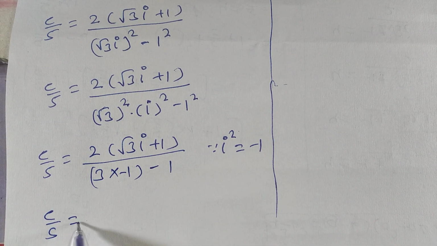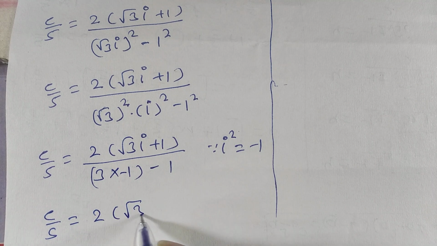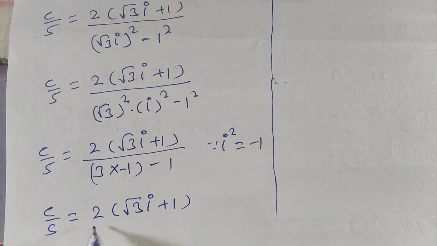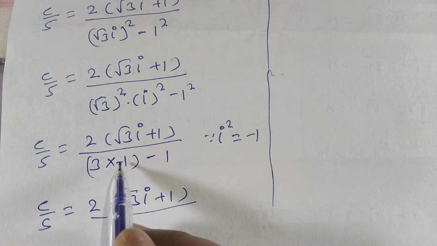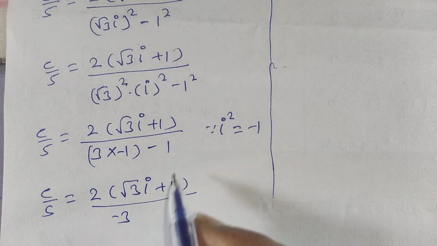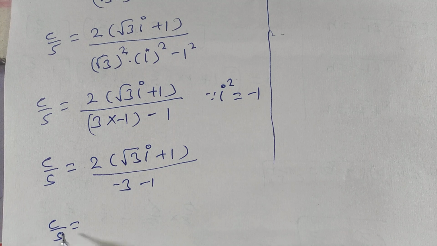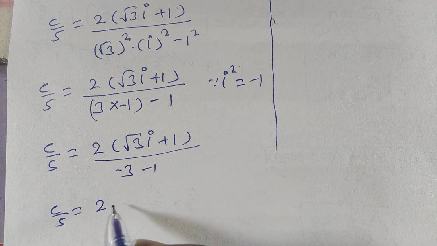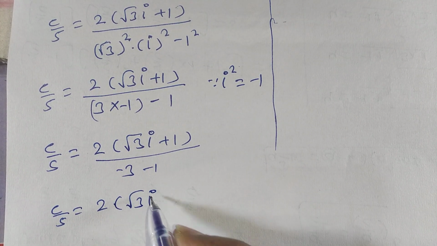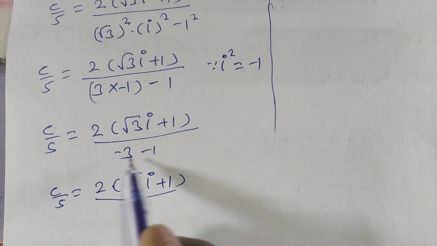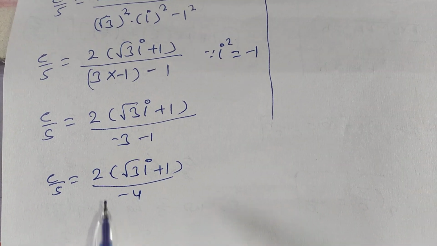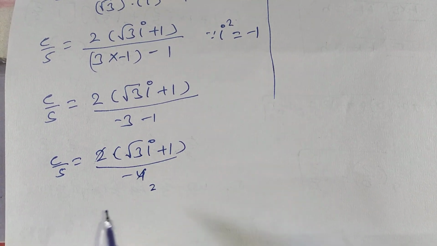C over 5 is equal to 2 times square root of 3 iota plus 1 over 3 into minus 1 minus 3 minus 1. C over 5 is equal to 2 times square root of 3 iota plus 1 over minus 4. 2 ones are 2, 2 twos are 4.